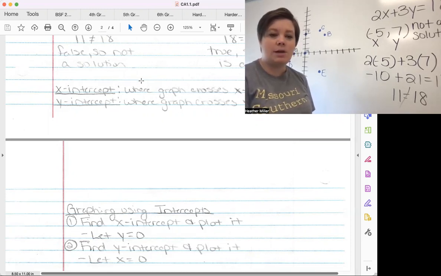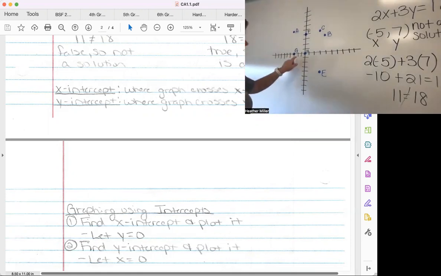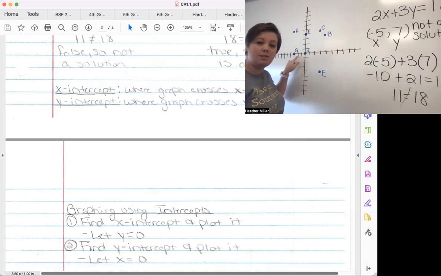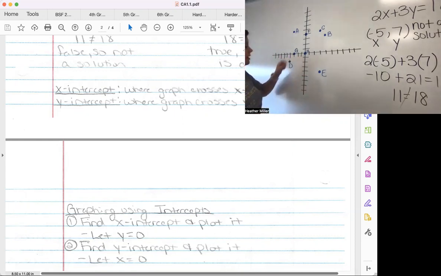An x-intercept is where the graph crosses the x-axis, so like right here at G, and it's always going to look like x, comma, 0. So G was -3, comma, 0. That's what that ordered pair was, and it always looks like that if it's an x-intercept.